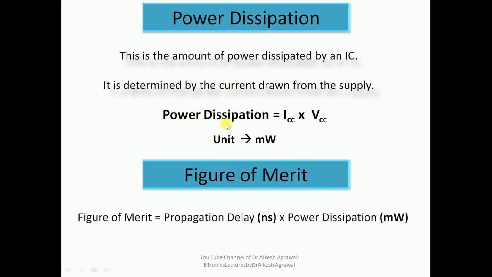So power dissipation is the product of ICC into VCC, that is, the current drawn from the supply voltage. Its unit is milliwatt. Another characteristic is figure of merit. That is a combination of propagation delay and power dissipation. So figure of merit is propagation delay, which is measured in nanosecond, and power dissipation, which is measured in milliwatt.